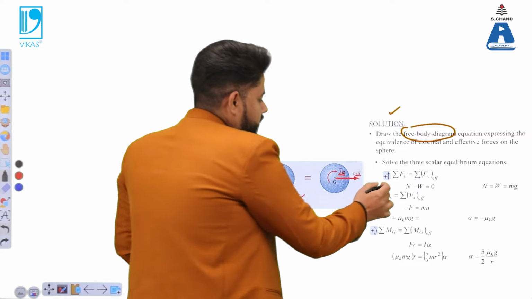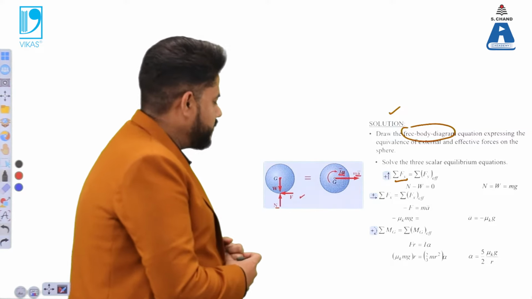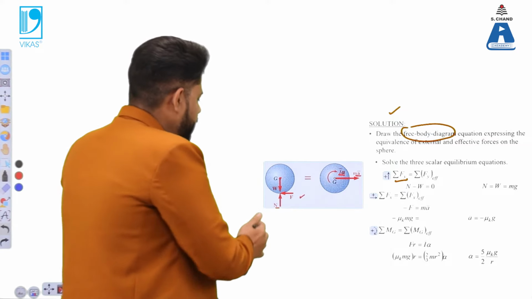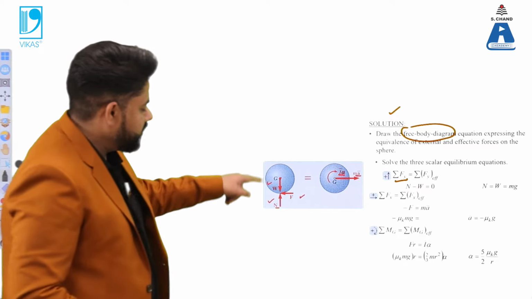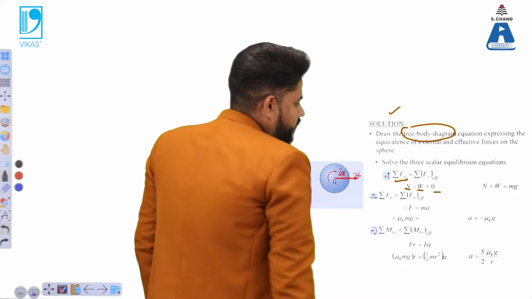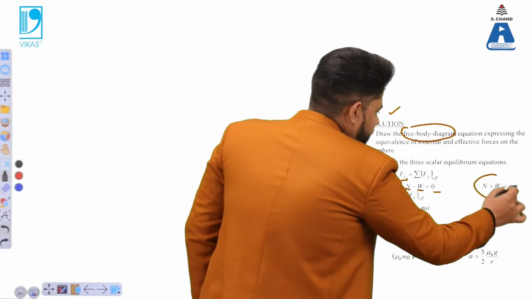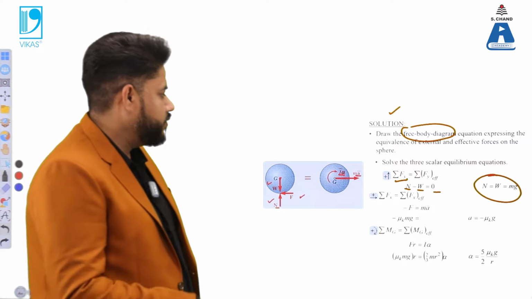In the y direction you have two forces, N and W, in opposite directions. So N minus W equals 0, hence N equals W, where W equals mg. So the normal force is equal to mg.